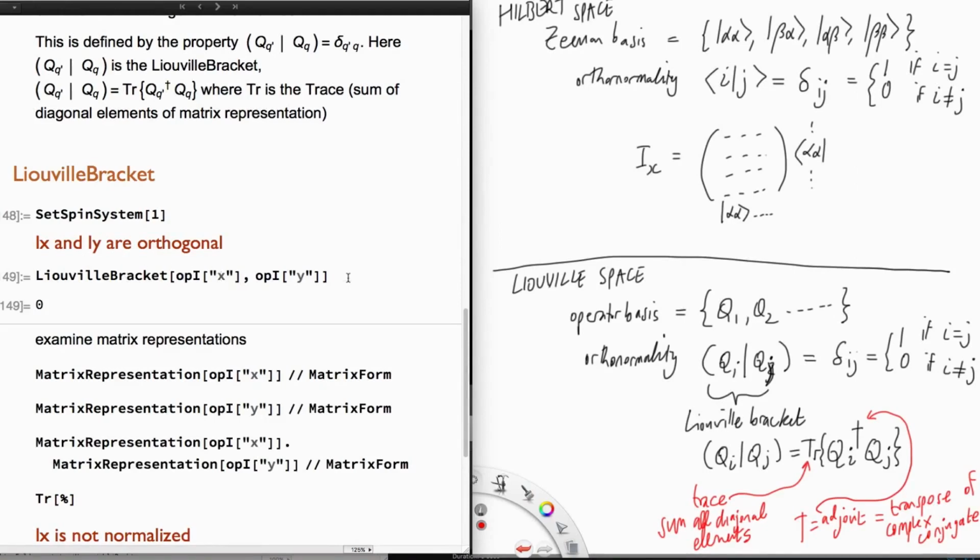And the Liouville bracket between those two operators is 0, which means those operators are orthogonal. Which is not a surprise, they're represented by angular momenta along orthogonal axes.